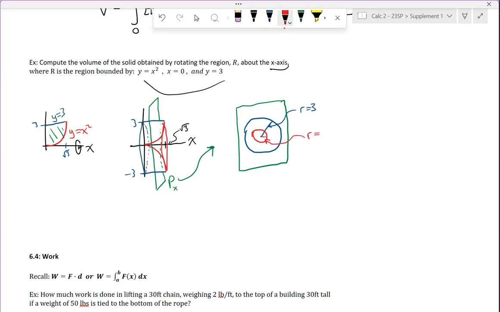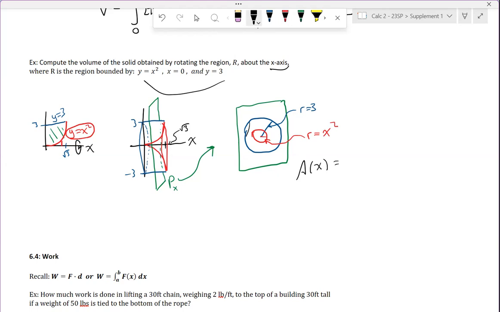And what's its radius going to be? Its radius is going to be this distance here, right? It's just going to be y, or x squared. So what's my cross-sectional area A of x?